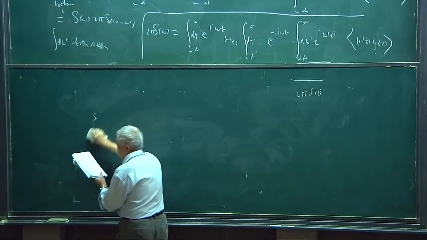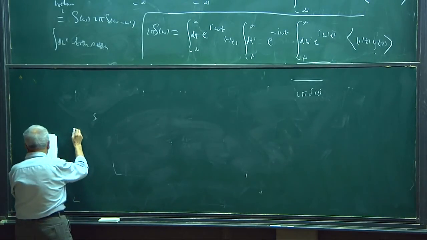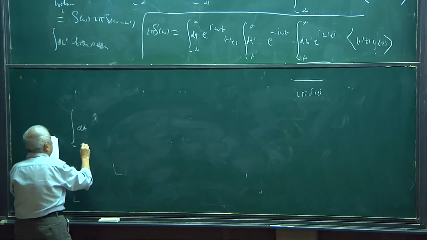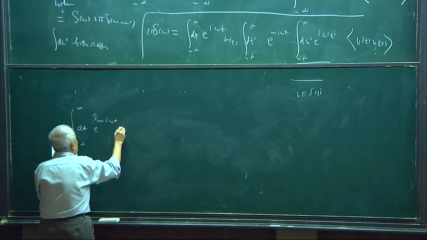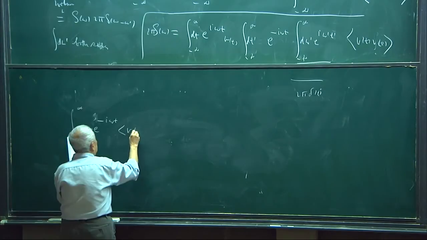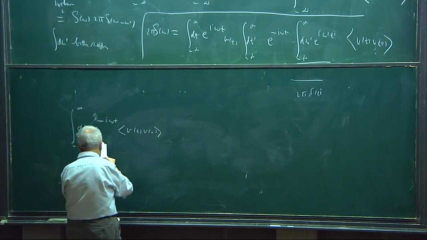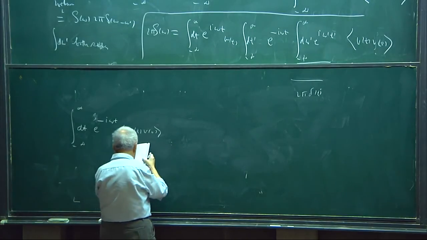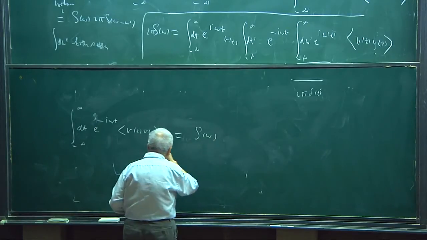So the result is the integral dt e to the minus I omega t times the average of v of t, v of 0, is equal to S of omega.